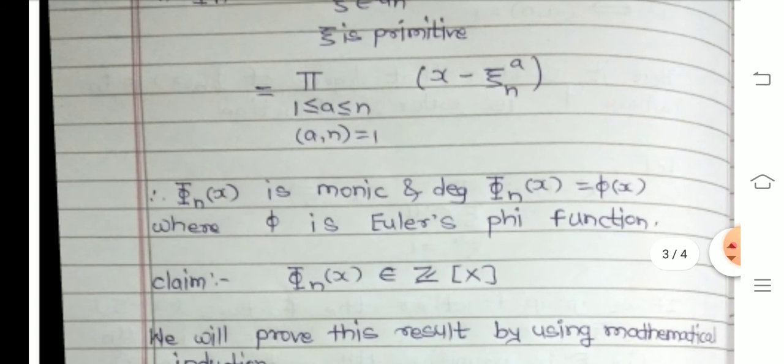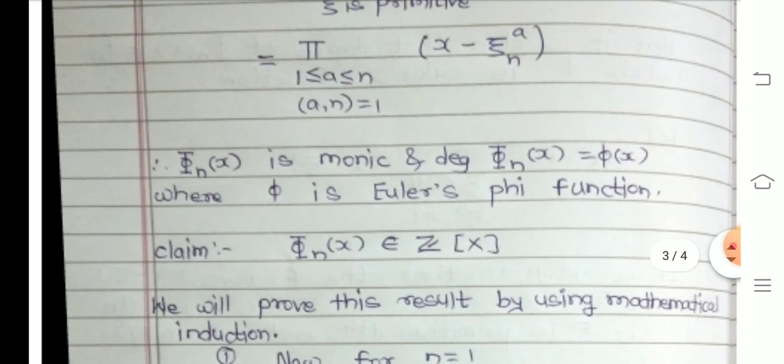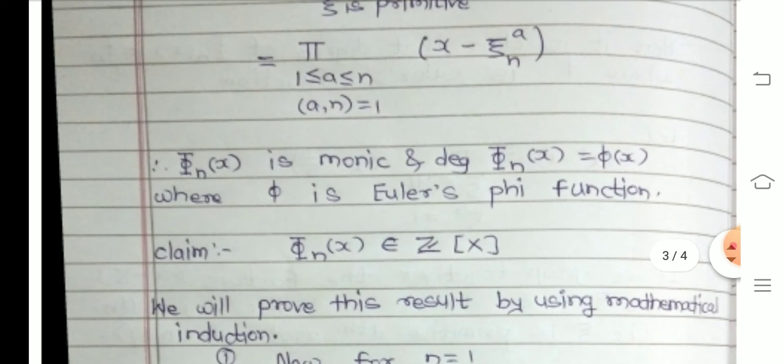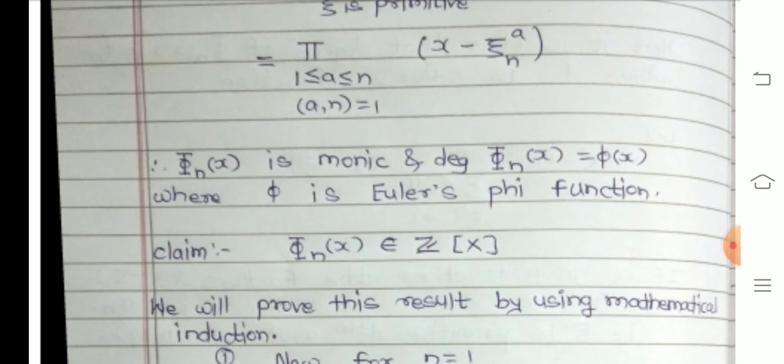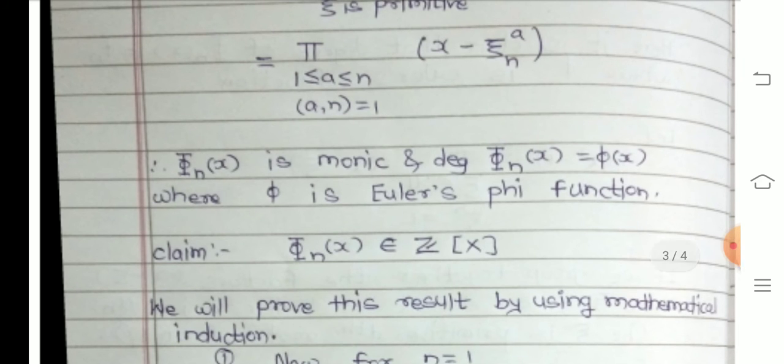Then we also have to prove that Φ_n(x) belongs to Z[x].